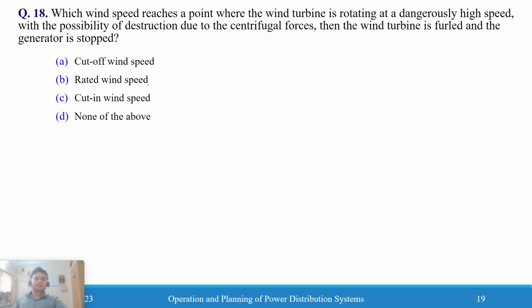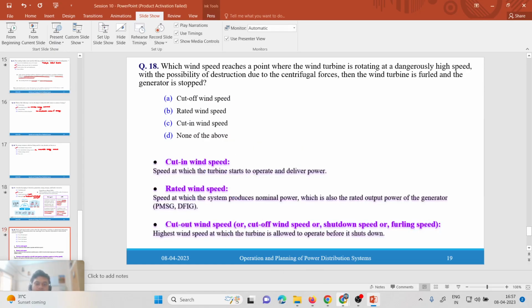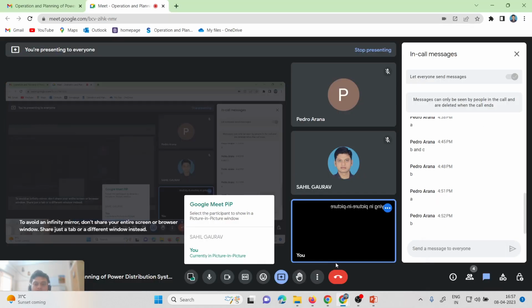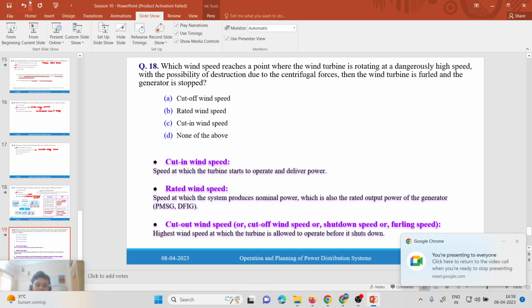What do you think? It is the maximum speed at which the wind turbine can produce power. Beyond this speed, the wind turbine needs to be stopped, otherwise it will get damaged. So you can give your answer in the chat box. This is the second last problem, so we have one more question left.